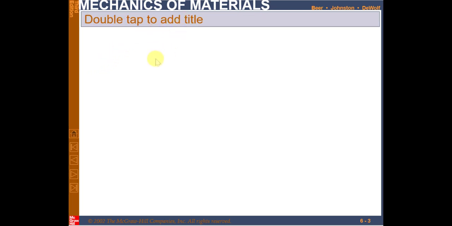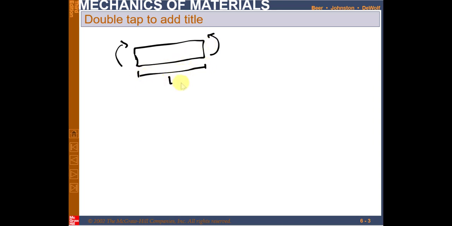In previous lecture, chapter number 4 and 5, we have studied that if you have a beam and that beam is subjected to moment, and let's say the original length of beam is L0, it will bend like this. Clear?